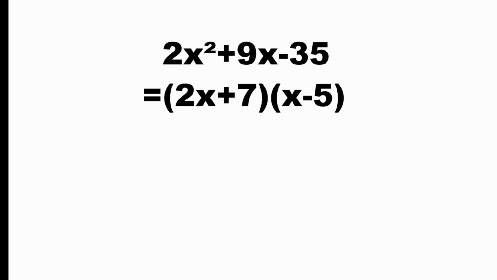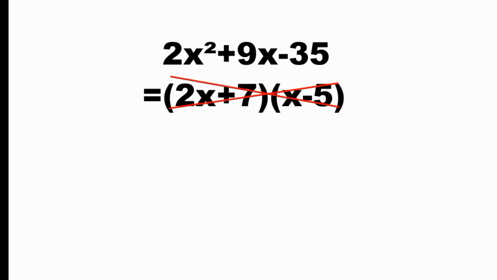We multiply 2x times negative 5, and 7 times x, which gives negative 10x plus 7x. If you combine this, it gives you negative 3x, which is not the middle term. So this is not the right arrangement.